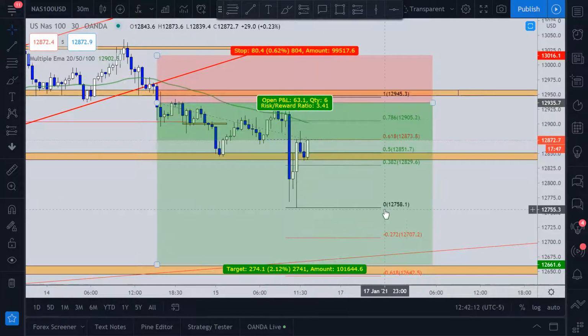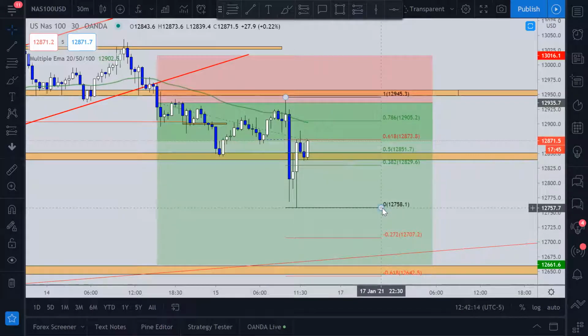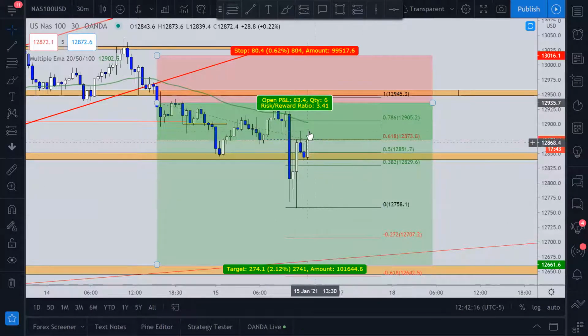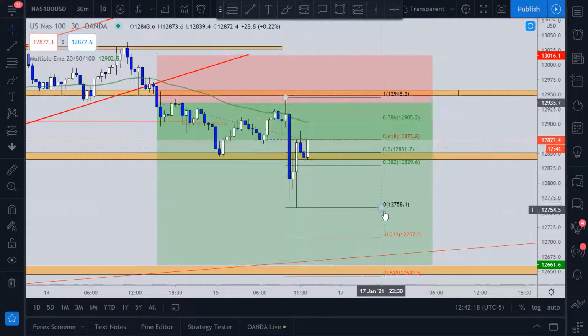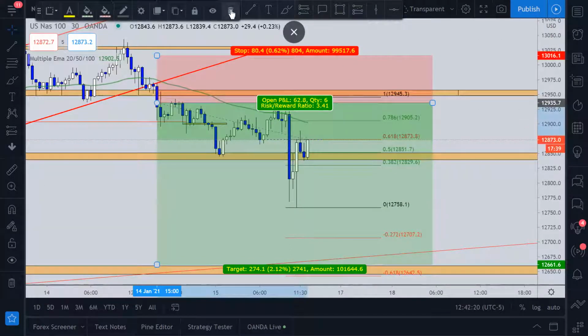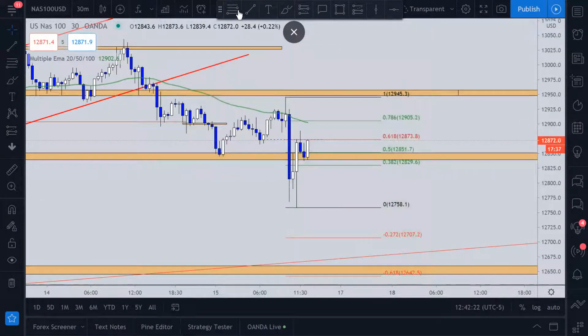But using my lovely Fibonaccis, let me show you how I did it first. What you see is the impulse down.